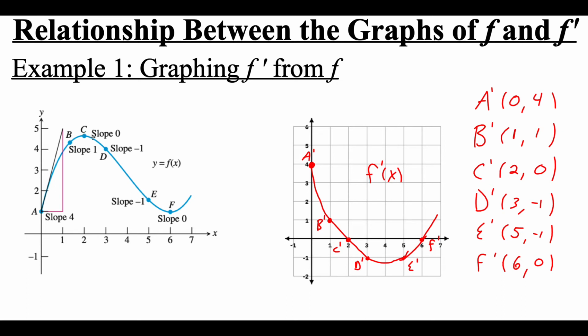Where the graph was decreasing, the slopes for those points were negative. And any point where the slope was 0, that's where your graph changed from increasing to decreasing, or from decreasing to increasing. So there's a big connection between the behavior of your function and the slopes at those particular points.